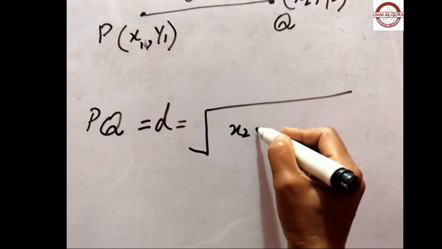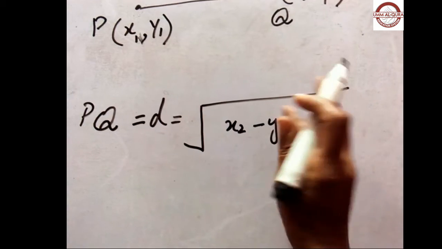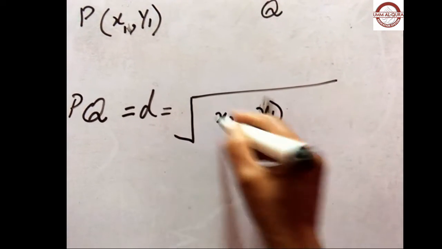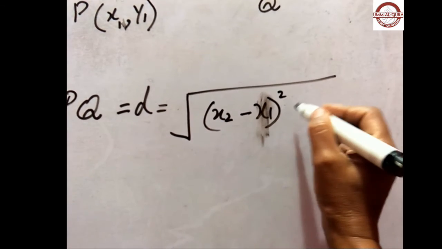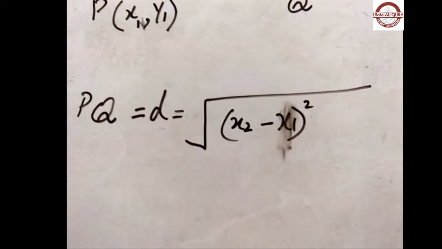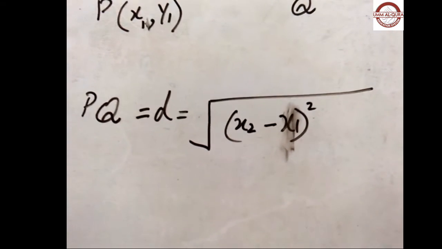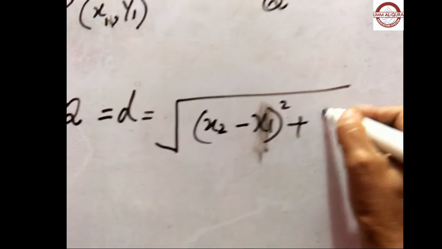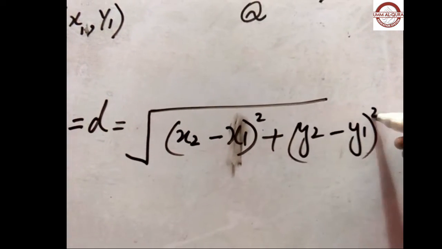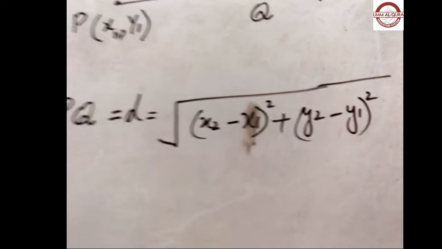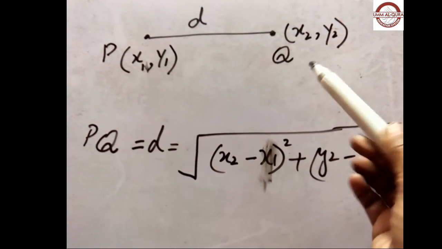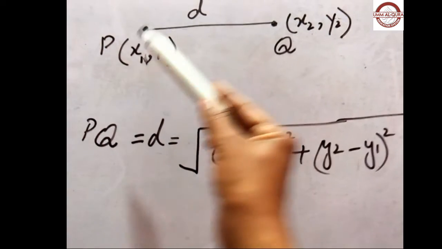x2 minus x1 whole square plus y2 minus y1 whole square. It means we will write here x2 minus x1.